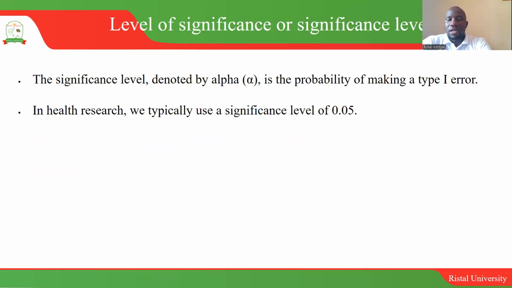So before you can actually accept or reject, you need to set the level of significance. You need to make a decision on the level of significance. Usually, we use the level of significance as 0.05.